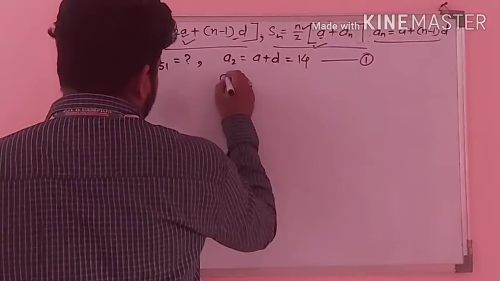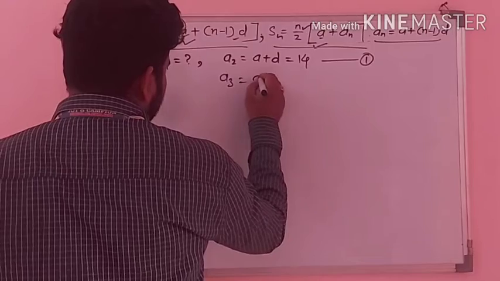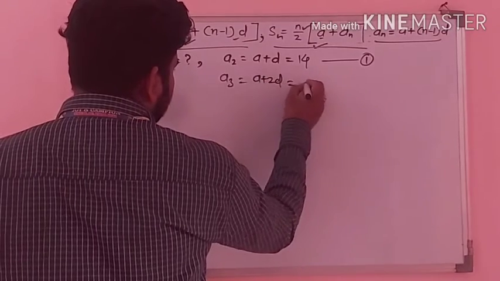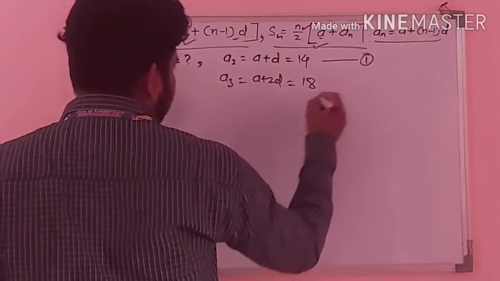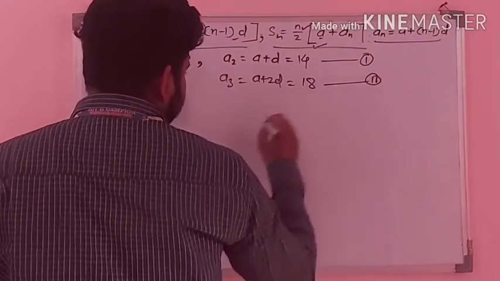This is equation number 1, and the third term is A plus 2D is equal to 18. This is equation number 2.